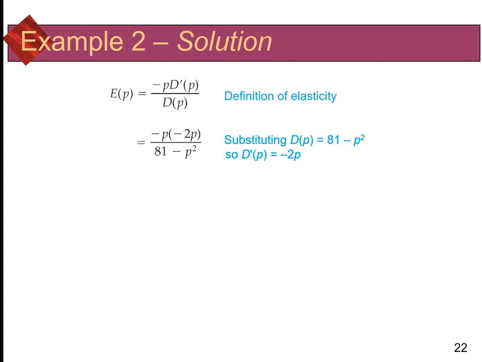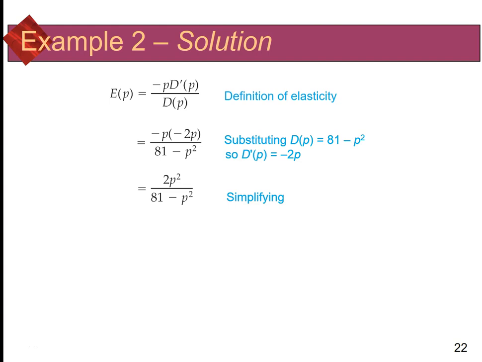If I had E's involved, I might go with that route instead. The derivative of 81 minus P squared is negative 2P. So when simplified, I end up with 2P squared over 81 minus P squared. This is the function that's going to tell us the elasticity of demand.